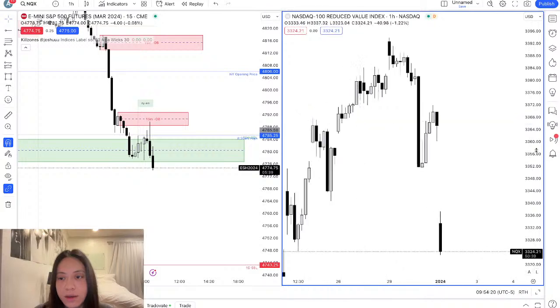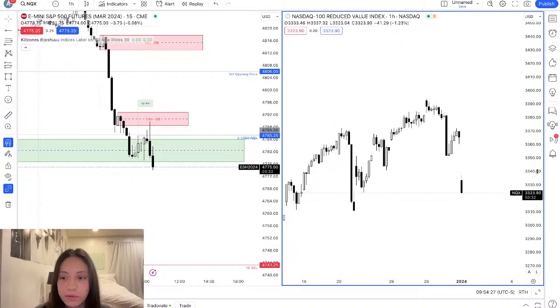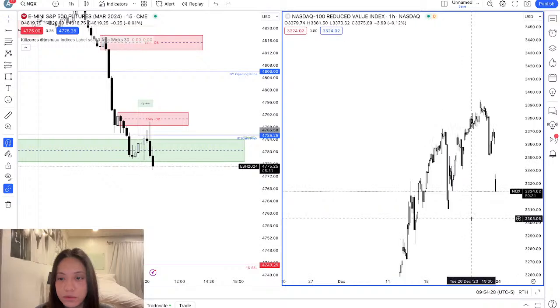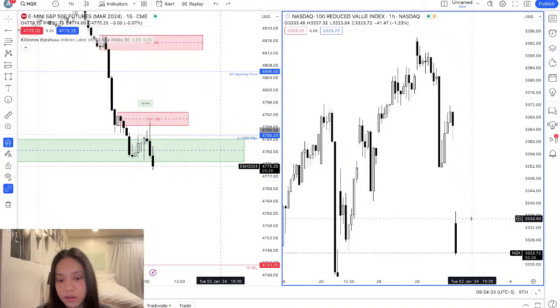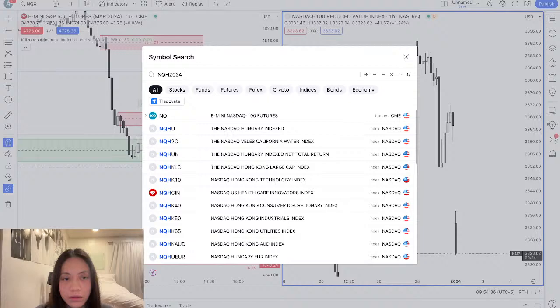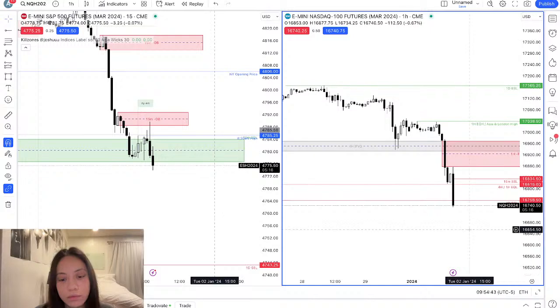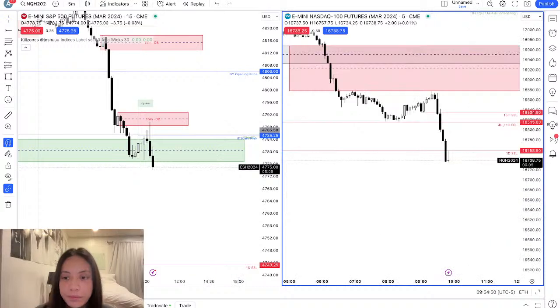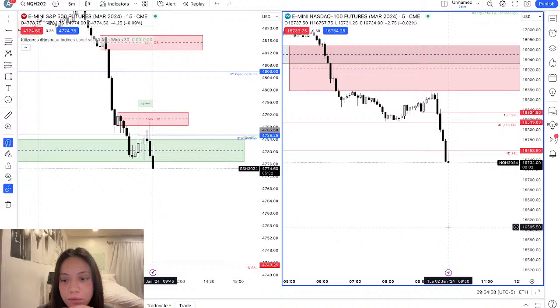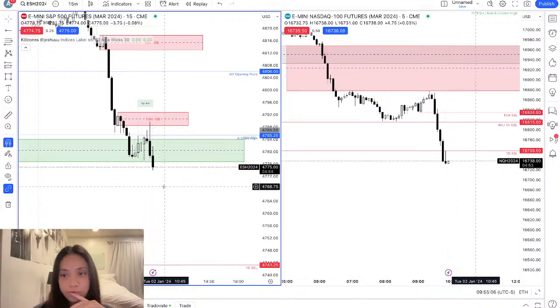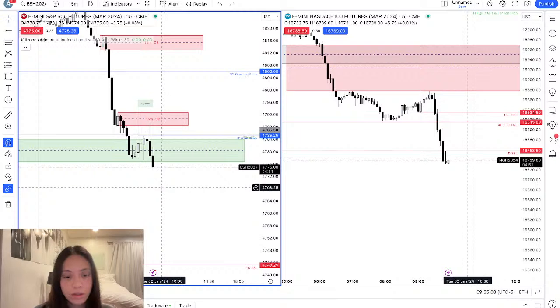Oh wow, we gapped down. So we're still coming down.